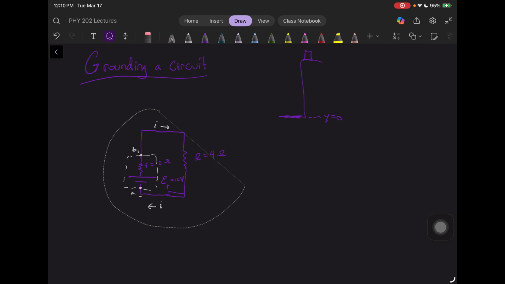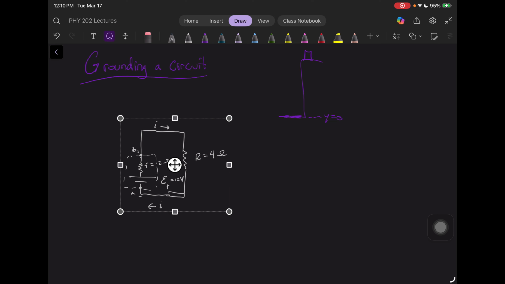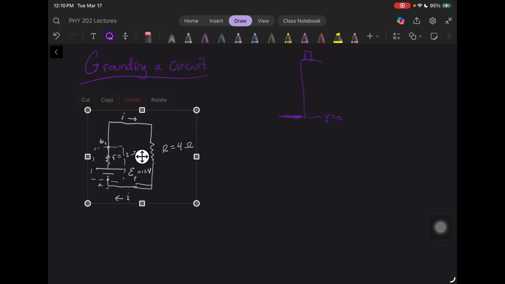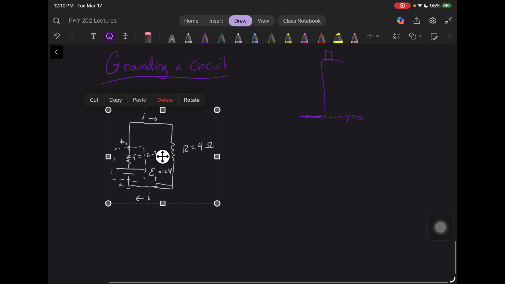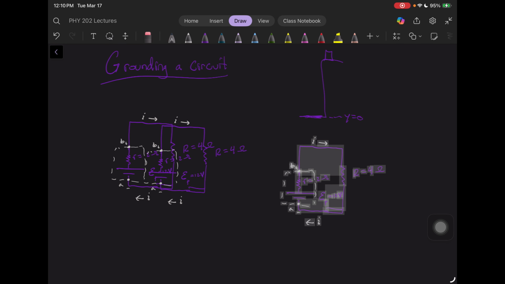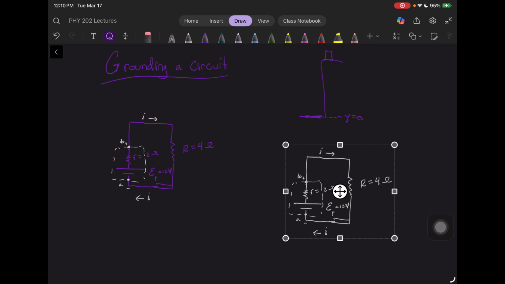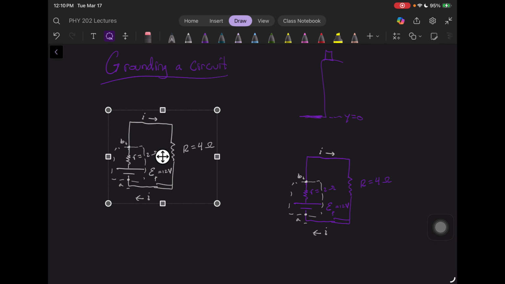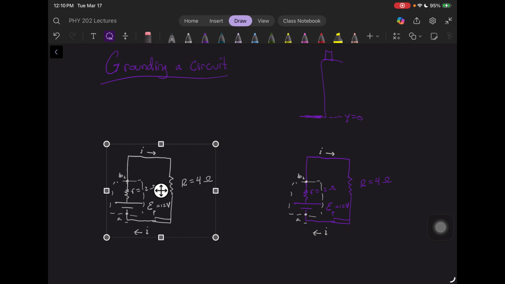And then what I'm going to do is copy and paste. Okay, so we're going to have these two circuits next to each other. Then I'm going to ground each of these.